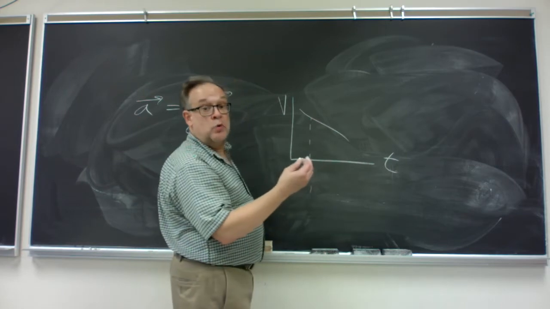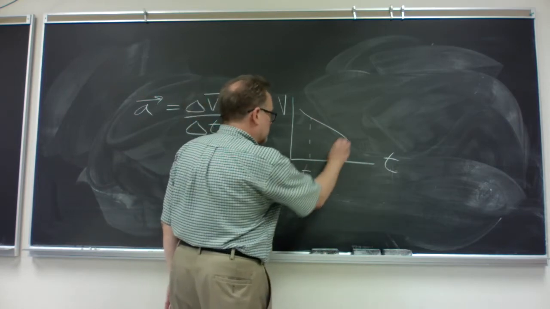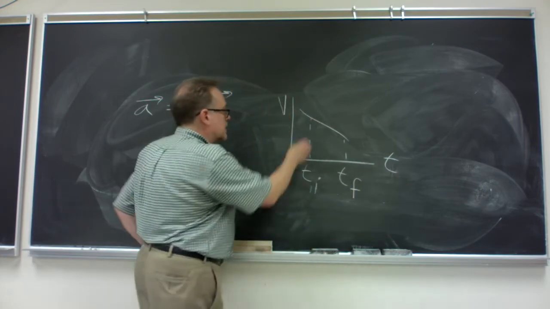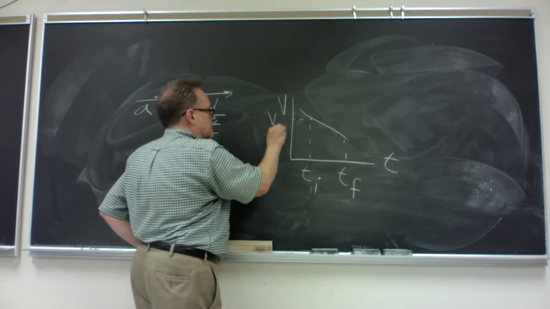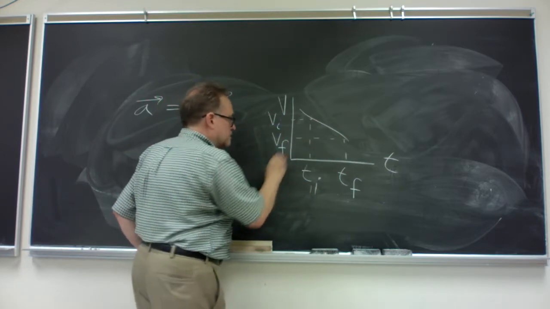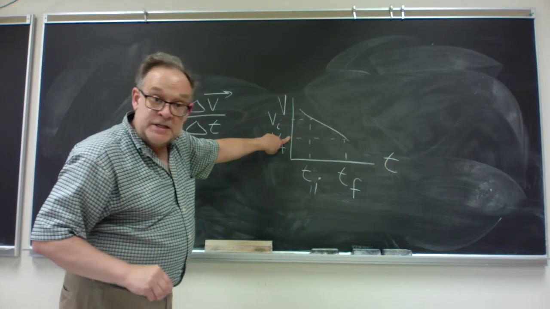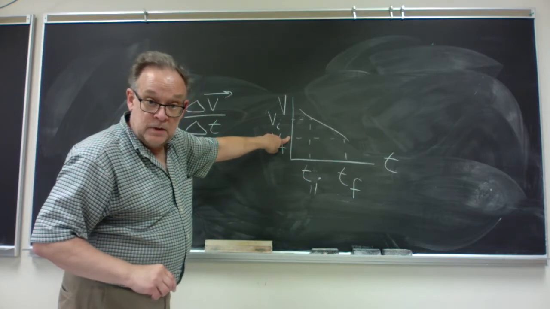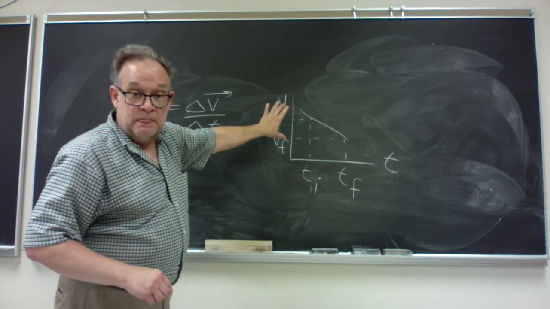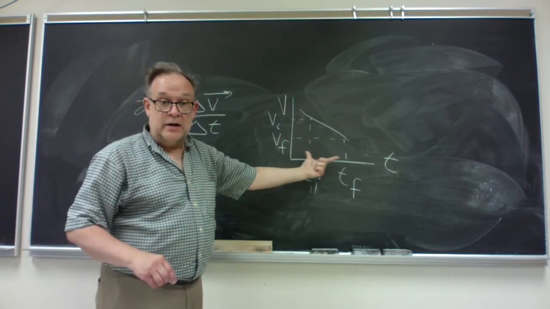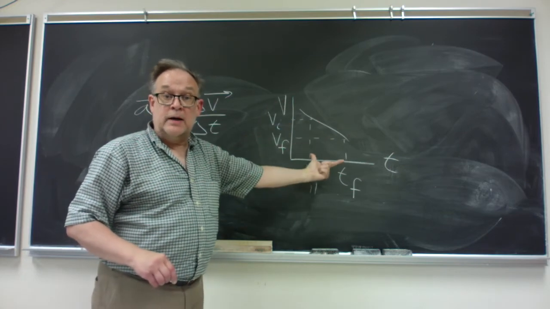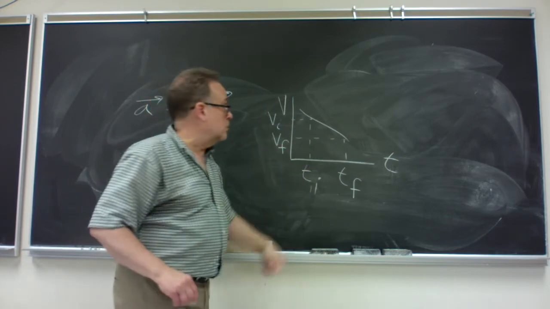Say you pick 2 points on the line at some initial and some final time, and at some initial time, that was the velocity, and at the final time, that's the velocity that you read off the graph. Slope is just change in velocity divided by, change in the vertical variable divided by change in the horizontal variable.